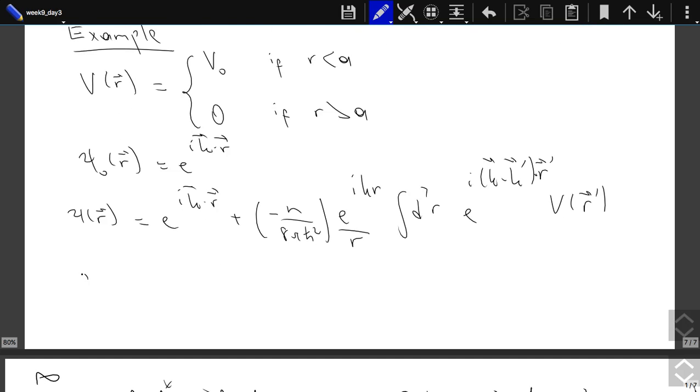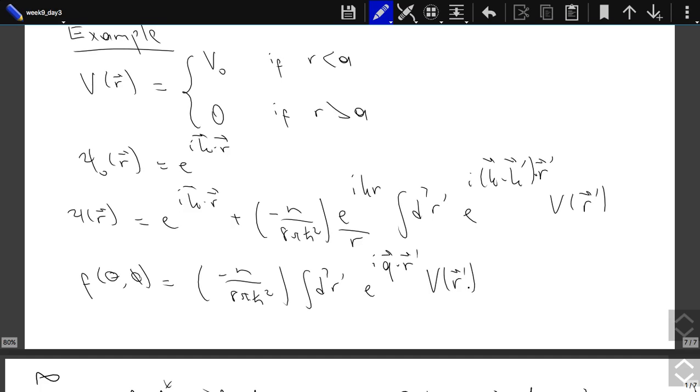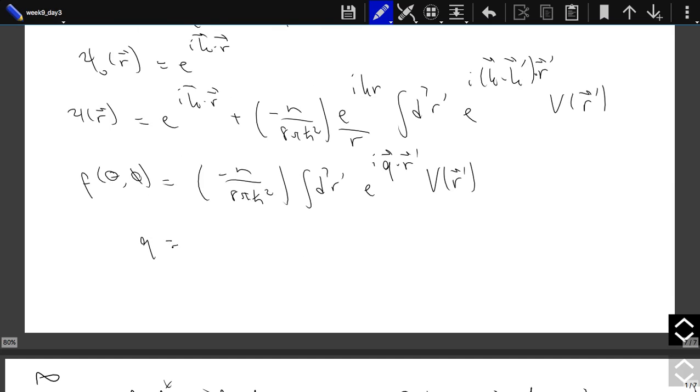So this basically tells me that f of theta and phi is equal to minus m over 8 pi h bar squared, integral d cubed r prime e to the power i q dot r prime V of r prime, where q is k minus k prime. But you see that the integral there is nothing but the Fourier transform of the potential. So basically this is how we study the potential.